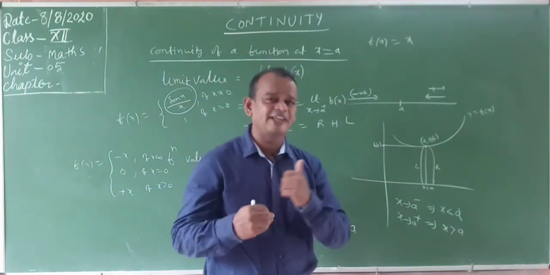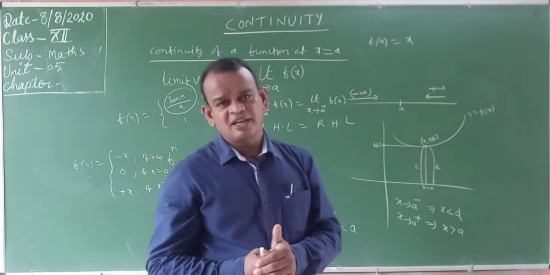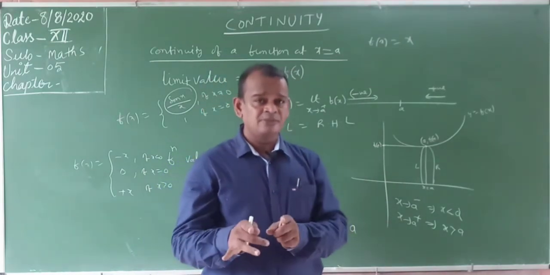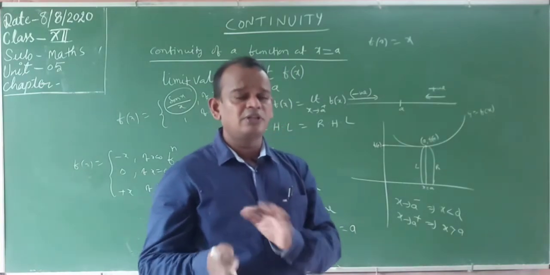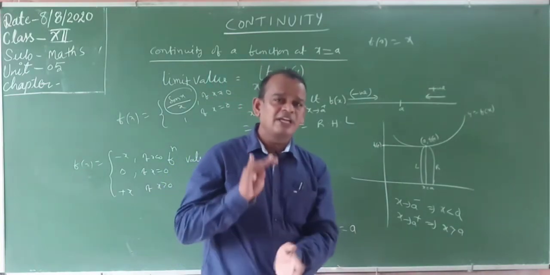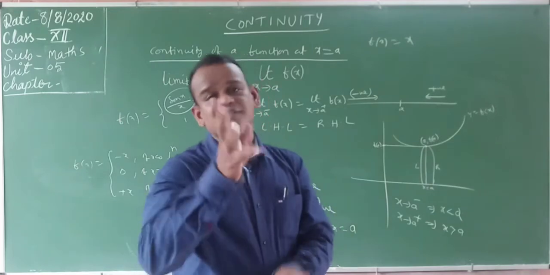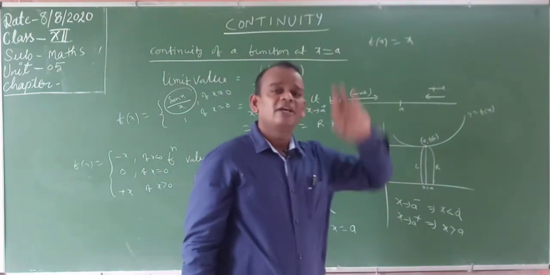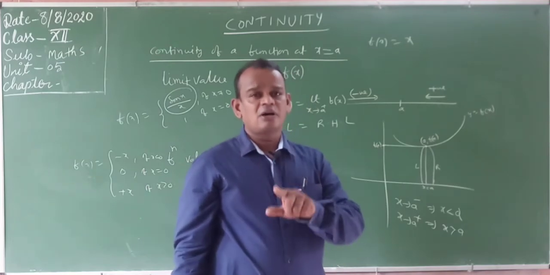It is defined at every value of x. Not defined means, if you substitute some values instead of x, we get either plus infinity or minus infinity. Here you cannot get plus infinity or minus infinity. That is why it is a continuous function on R.